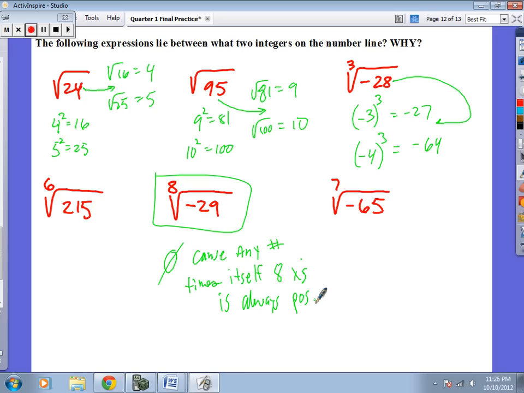So they want you to multiply some number 8 times and end up at negative 29, but that's impossible, because no matter what number you choose, and if you multiply it 8 times, your answer is always going to be positive.